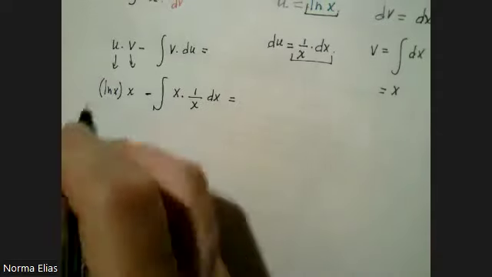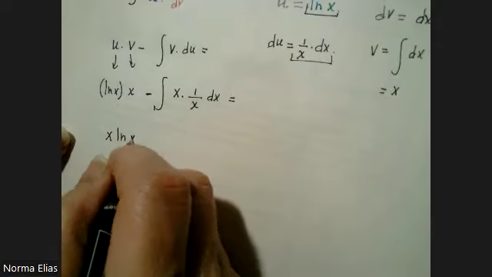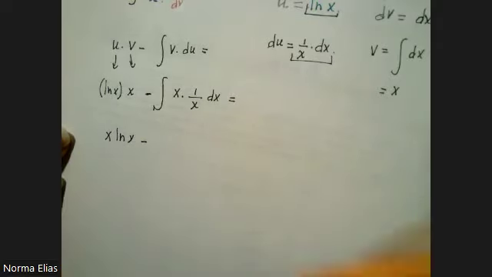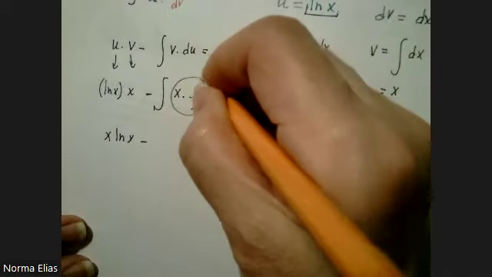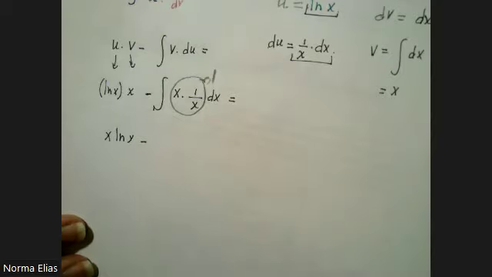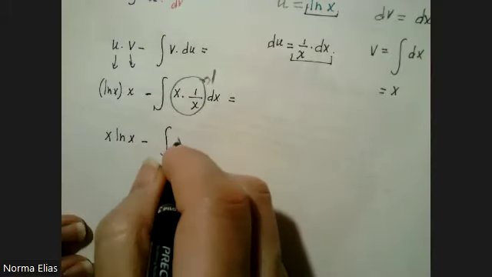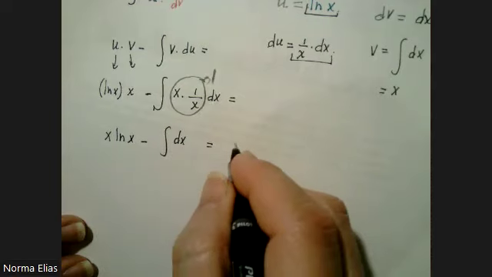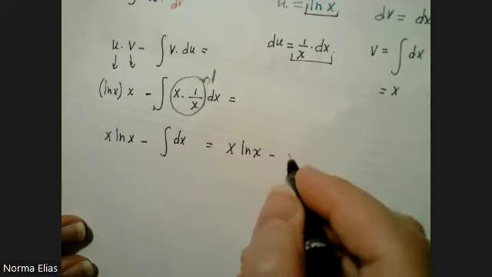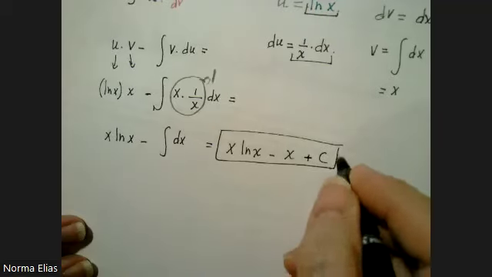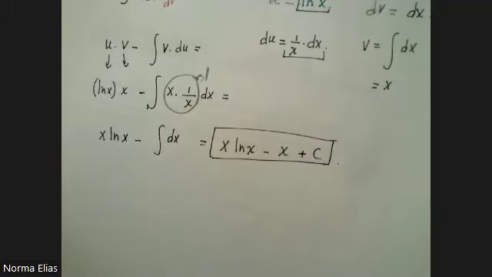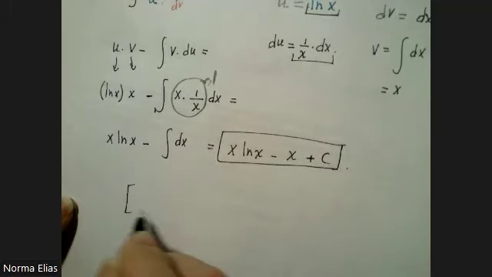So finally I will get x ln of x minus, and now, of course, we simplify. Whenever you have an integral and you have the same power of x, you definitely simplify. So x times 1 over x is just 1. So this is minus the integral of dx. Finally, I end up with x ln of x minus x plus c, end of the problem.